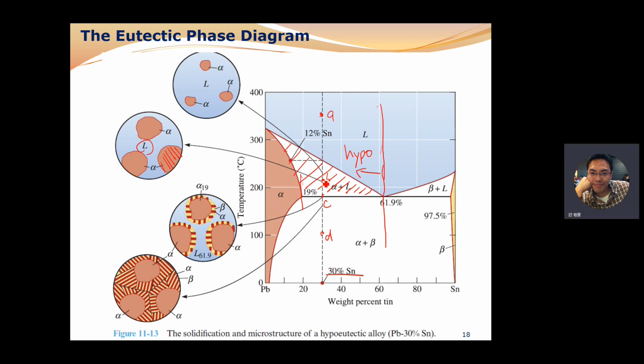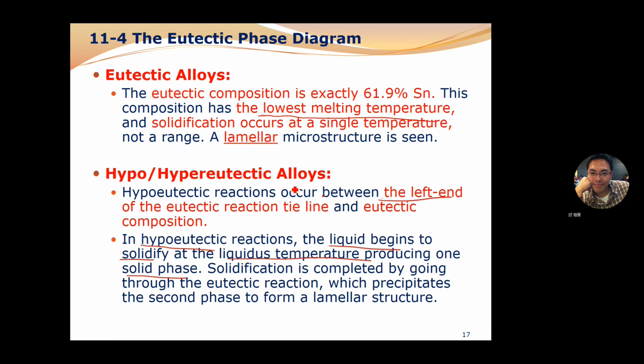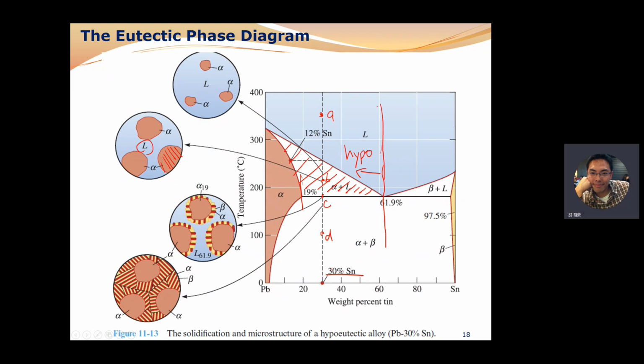When the temperature reaches the eutectic temperature, which is 183, what's going to happen? I already mentioned that the eutectic alloy has a lamellar microstructure, right? When you observe this lamellar structure under the microscope, you know it's a eutectic alloy. So this lamellar structure begins to form here, layer by layer, with the alpha solid solution.